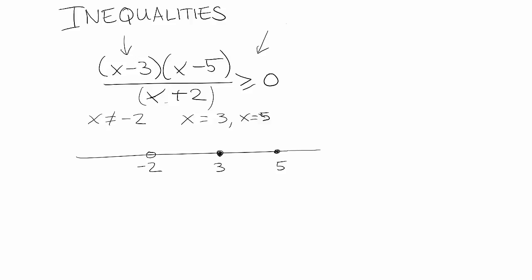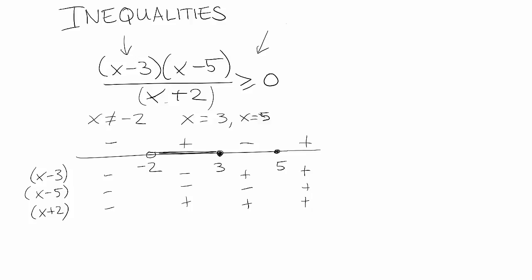So again, let's test the regions with the factors just to see where it is positive and where it is negative. And so we can see that between negative 2 and 3, it's greater than or equal to 0, and greater than 5, it's also greater than or equal to 0. So that means negative 2 to 3, or 5 to infinity.